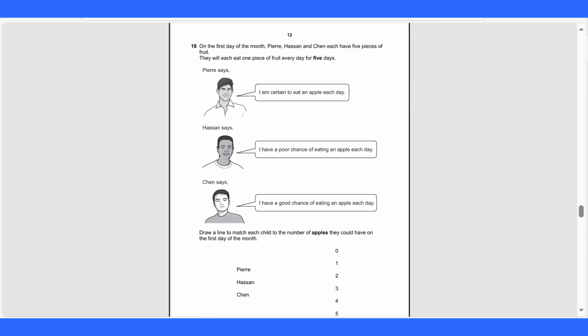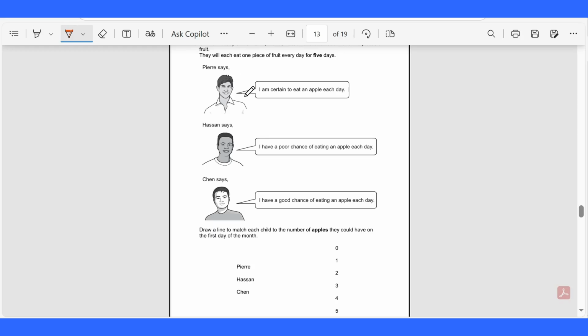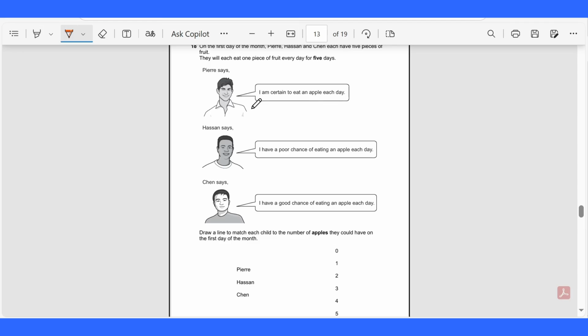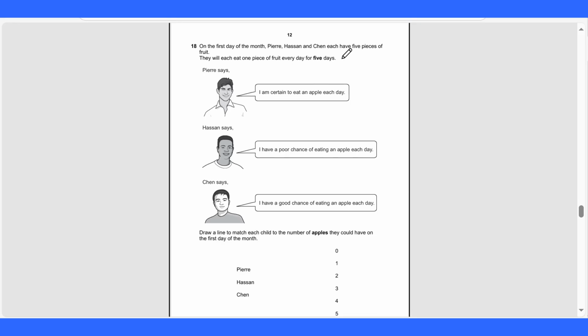For 18, I have to make this a bit small. Okay, on the first day of the month, Pierre, Hassan, and Chan each have 5 pieces of fruit. They will each eat 1 piece of fruit every day for 5 days.